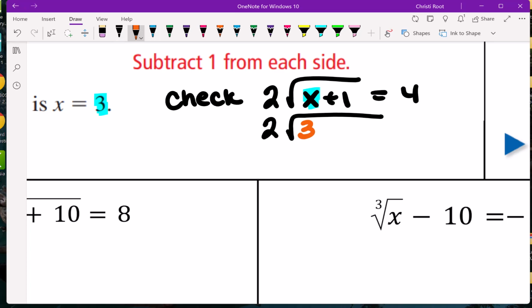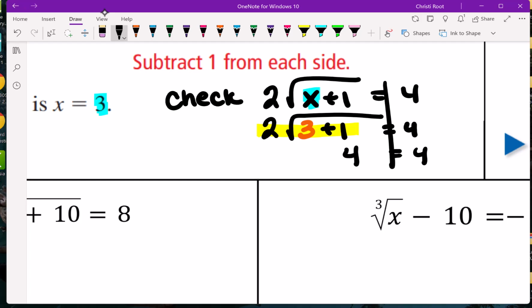So that is now a 3 instead of an x. What you have to do is you have to verify that the left side is equal to the right side. You're not solving it, you've already solved it. All you have to do is type this in your calculator exactly as that appears, and that's just going to be 4. So if you type that in your calculator, you're going to wind up with 4.